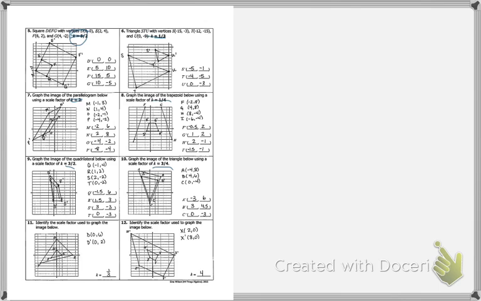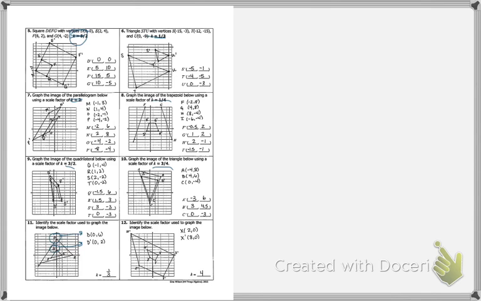Now, move on to 11 and 12. Here's the shortcut. Okay, you're going to get a coordinate from each one. In this example, for number 11, they chose coordinate D and the new one. All you do, and you can do that with any one of the coordinates. So, for D, you get 0,6. For the new D, you get 0,2.